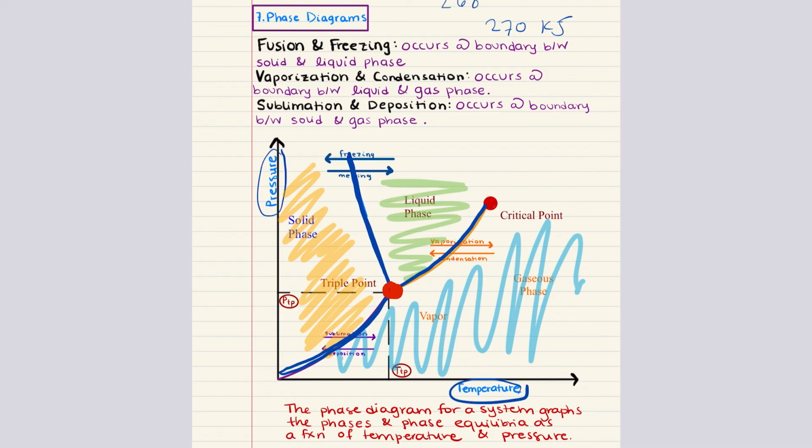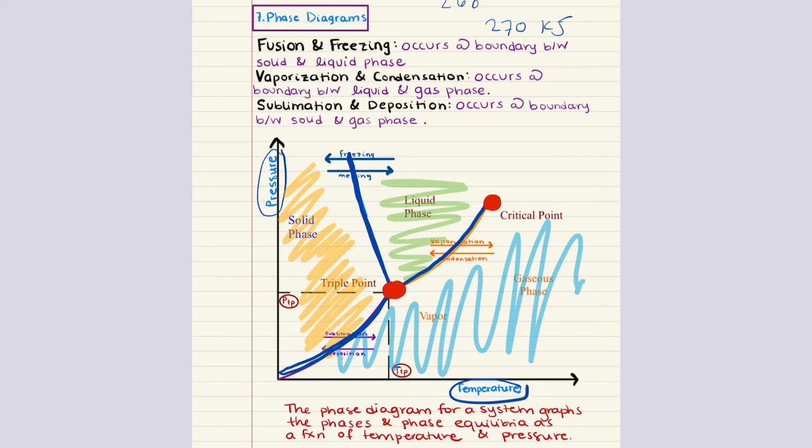Now, in addition, you see a point right here. This is called the triple point. The triple point is the unique condition of temperature and pressure where all three states of matter can coexist. In addition, there's another red point right here. This is called the critical point, and the critical point represents the highest temperature and pressure at which the substance can exist as a liquid.